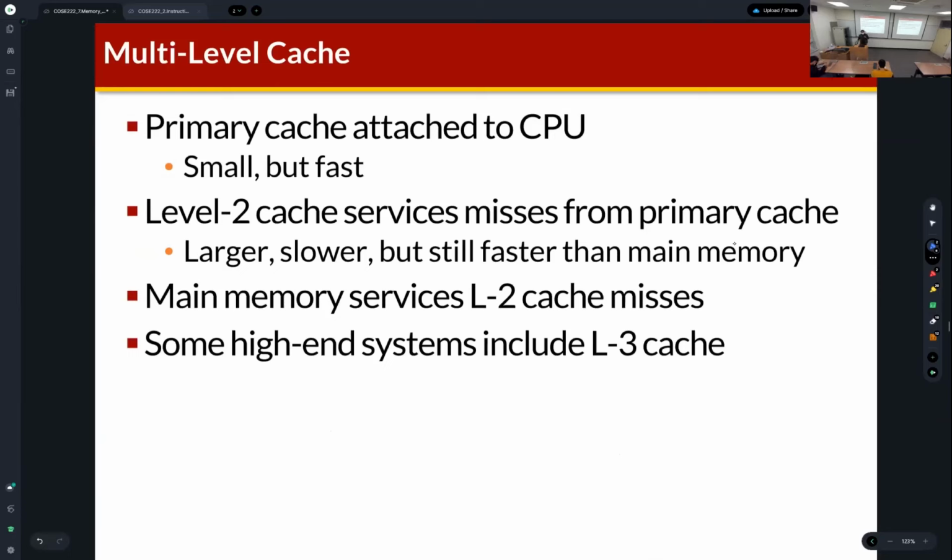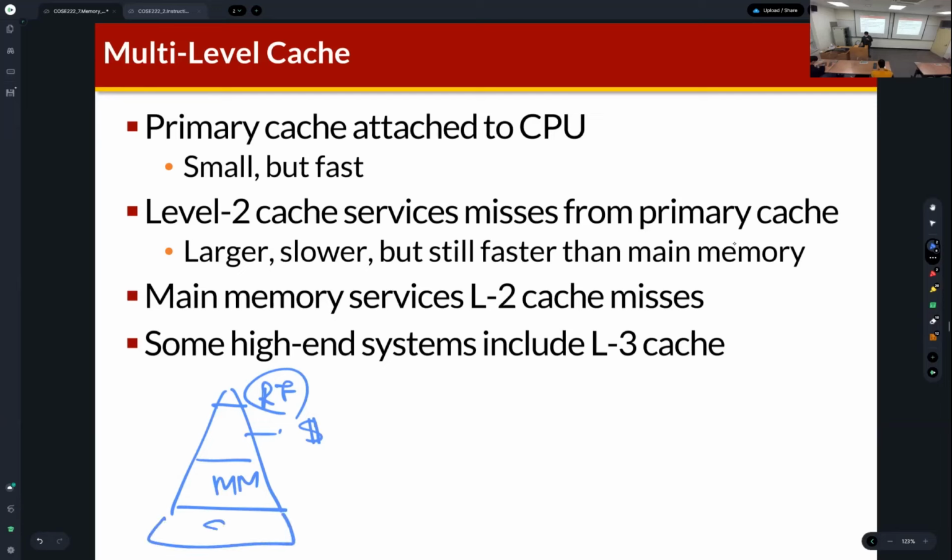Okay, multi-level cache. When I explained the memory hierarchy, it looks like this: the highest place is the register file, and then there are the caches, and then main memory. So we can find the storage, the control system.